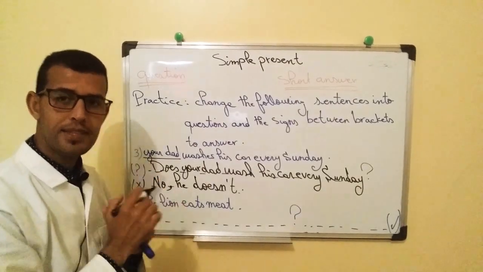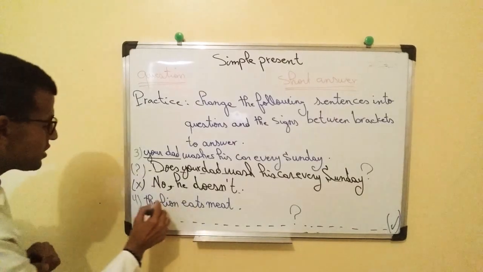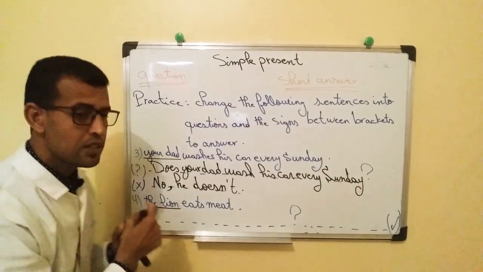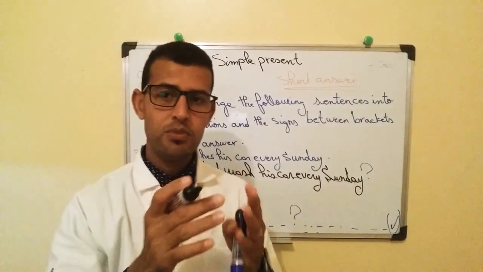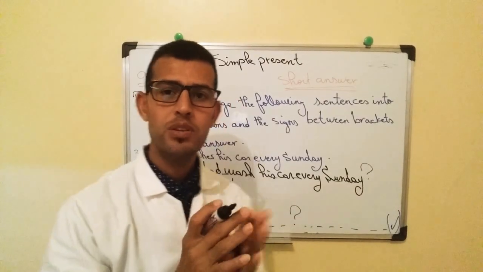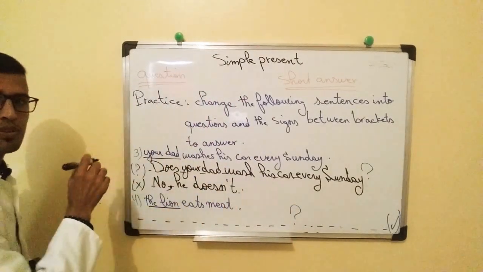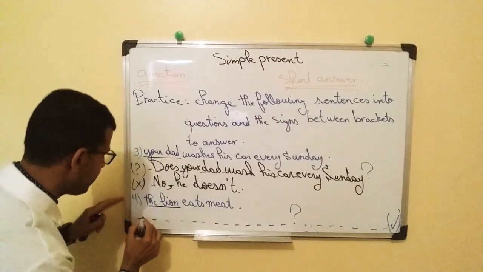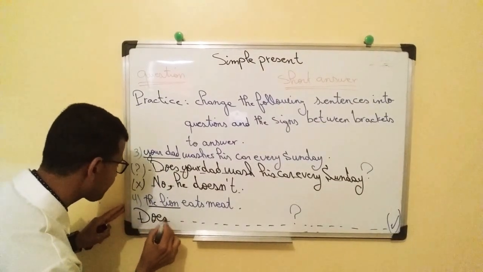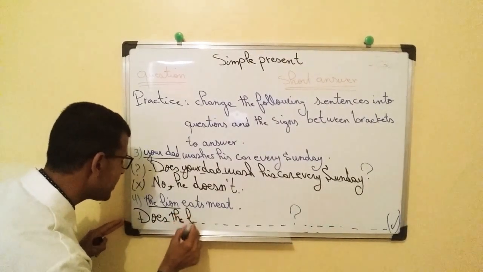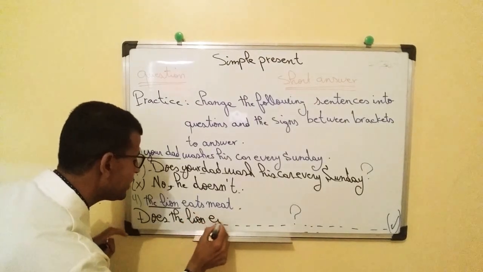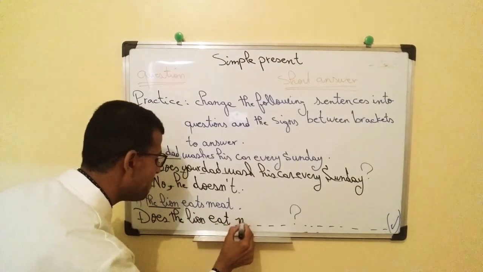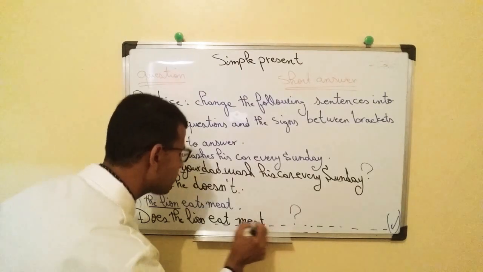Great. The lion eats meat. To ask the question, we use the subject, which is the lion. If we want to change it with the subject pronoun, we use it, and with it we use the auxiliary does. Very good. So does the lion eat meat? The verb is always in the infinitive.